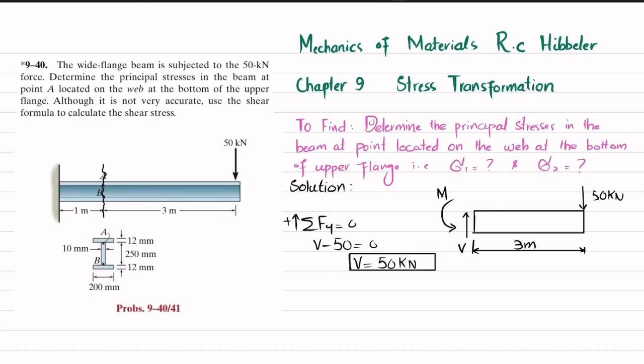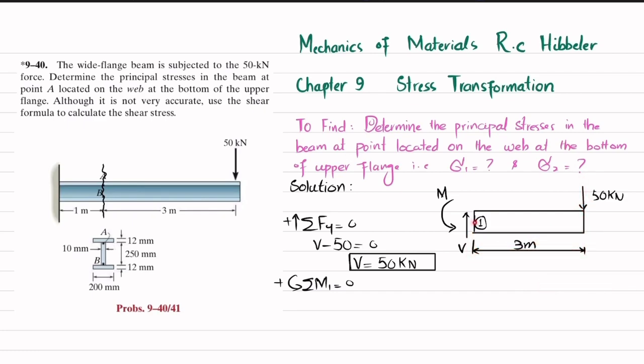And the moment can be obtained by using the equation sum of all moments about point 1 is equal to 0, taking counterclockwise moment as positive. About point 1, the shear force is passing through it, so it is not producing moment. This force is producing moment, and the perpendicular distance is 3 meters, and this is clockwise, so it will be negative.